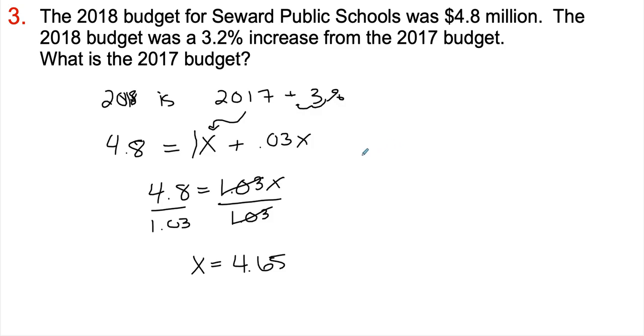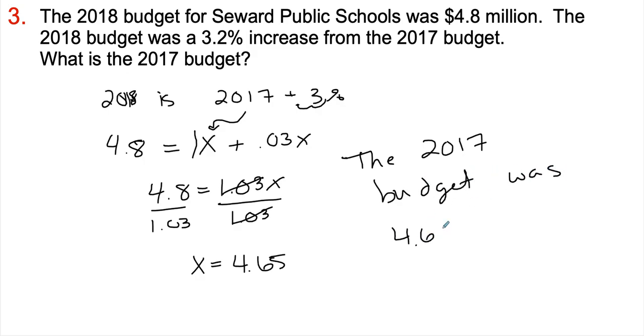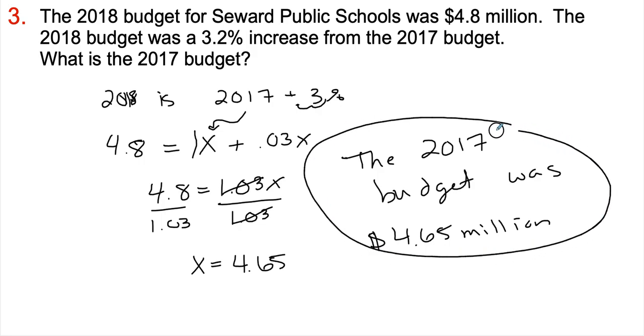All right. So the 2017 budget was 4.65, and we are in millions. All right. So solve the problem, set up the equation, get our answer, write our answer in words.